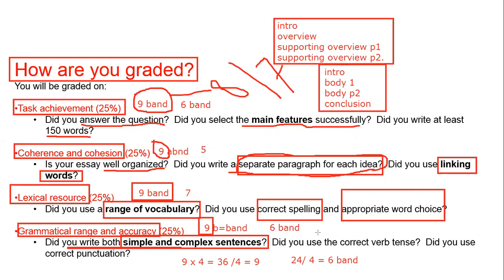It will be counted in your grammar. Then correct verb tense. Verb tense is important: simple present, simple past, simple future, all tenses, so that the message you want to give is correct. And the last one, use correct punctuation: where to put a comma, when to put a full stop. These things are important to understand.